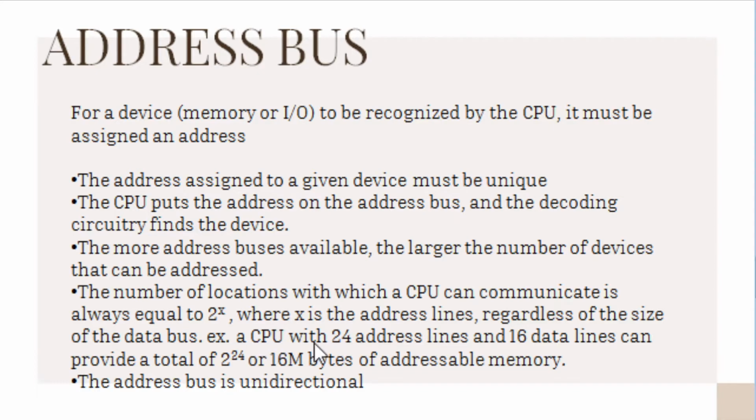So a CPU with 24 address lines can address 2 raised to 24 locations or 16 megabytes of addressable memory. 2 raised to 24 is 2 raised to 20 into 2 raised to 4. 2 raised to 20 means megabytes and 2 raised to 4 is 16. So 2 raised to 24 is 16 megabytes of memory.